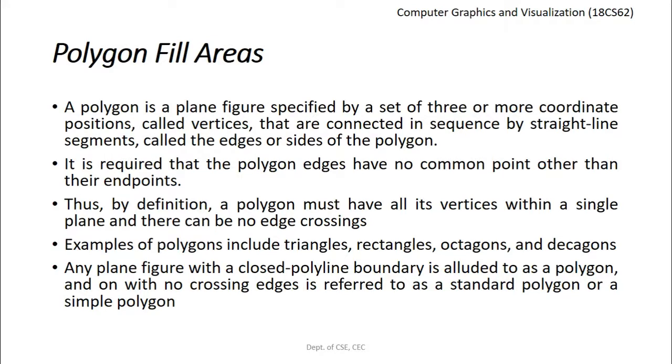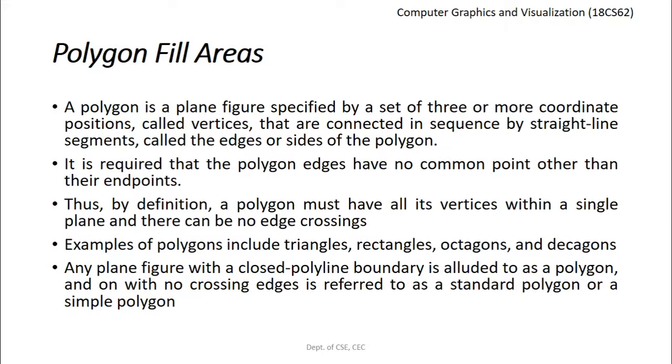To draw a polygon we need a minimum of 3 vertices, and we can also have more. These 3 vertices should be non-collinear; they should not lie on the same line.